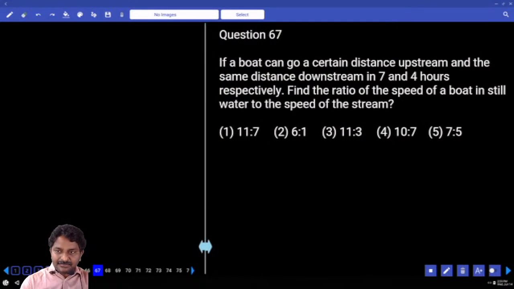In downstream and upstream the same distance is covered, correct. If distance is the same, speed and time are inversely related. According to the question, the given data is about time. What is the time ratio? 7:4. Then what is the speed ratio?